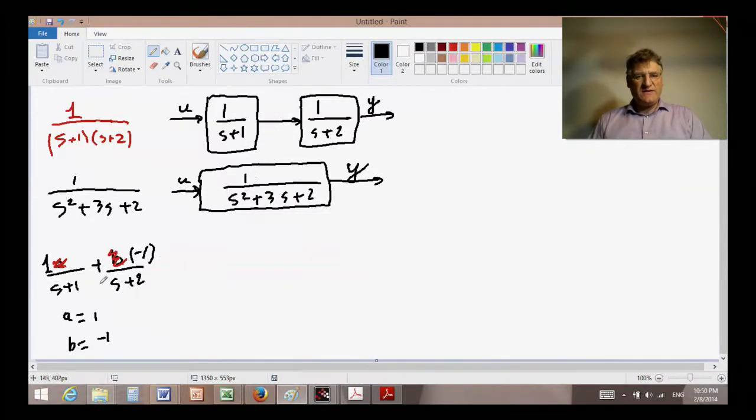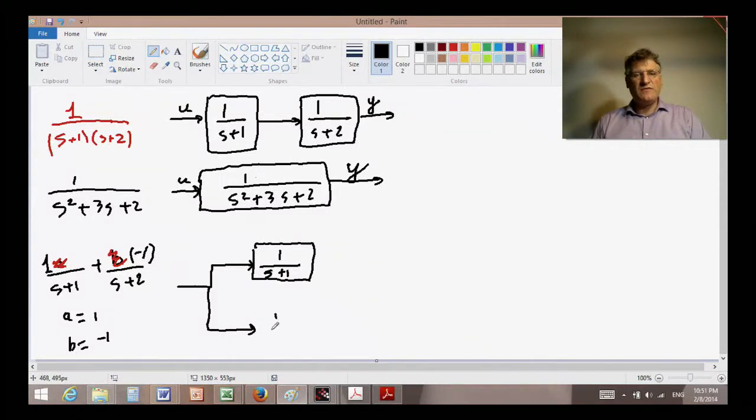Since this is the sum of two transfer functions, I can represent the system as u split into feeding two boxes. One will be 1 over s plus 1.